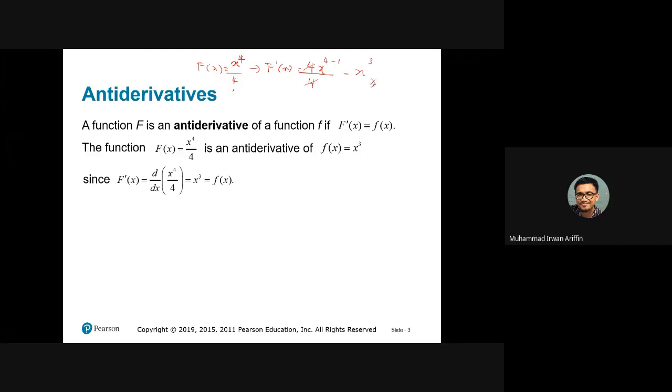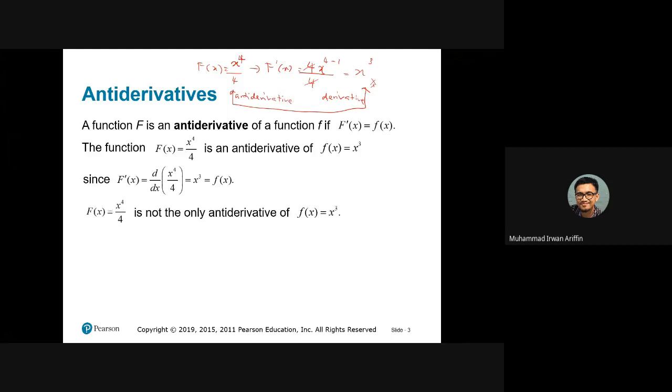So as we can see, the relationship between these two is that x to the power of 3 is the derivative, while x to the power of 4 divided by 4 is the antiderivative, the opposite of derivative.